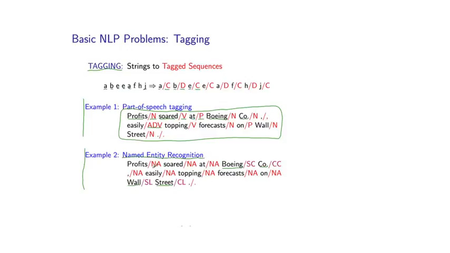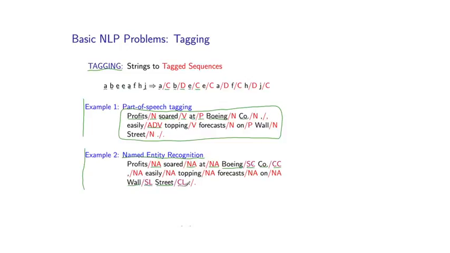This problem can again be framed as a tagging problem, where each word in the input is tagged either as not belonging to any named entity, so NA means we're not part of an entity, or we might be part of a company. SC means we have the first word in a company, this is start company. CC means we have the continuation of a company, and similarly SL means we have the start of a location.